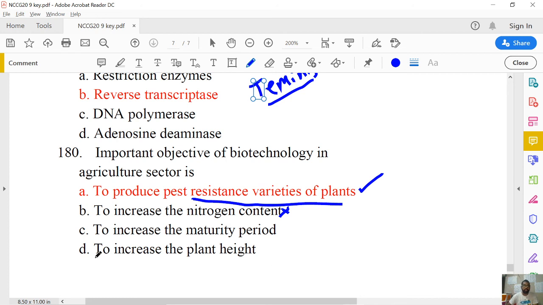Increased plant height: actually, dwarf varieties are economically important in agriculture, so we try to decrease the height, not increase it. Again, it's the wrong one. So the answer is A.